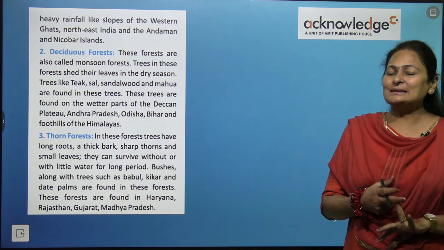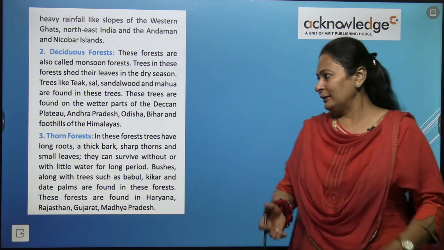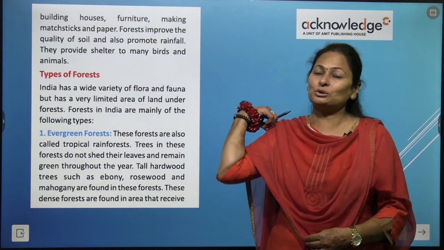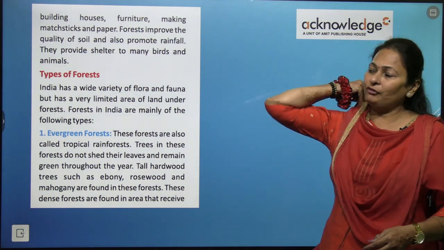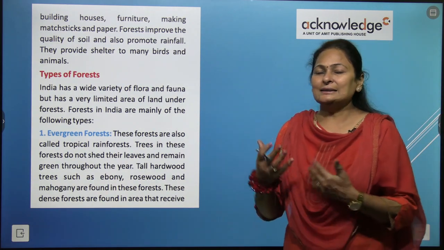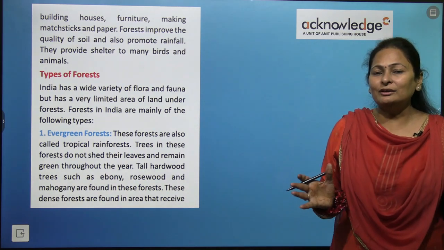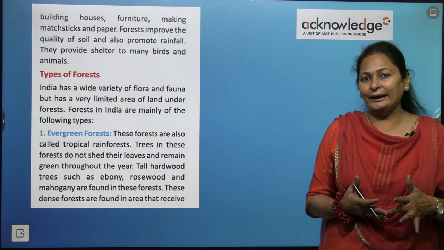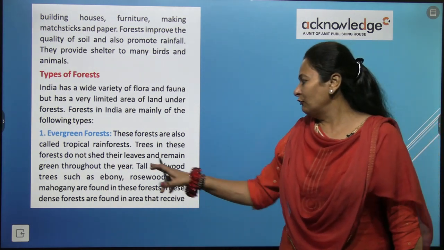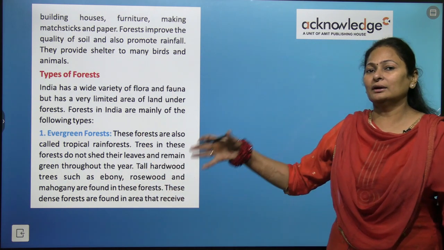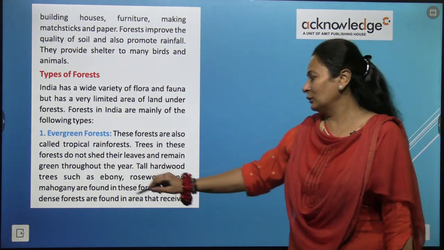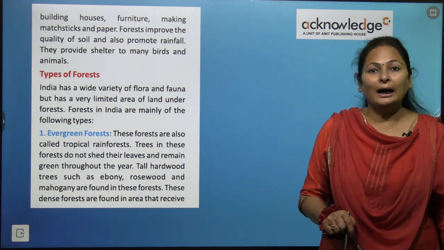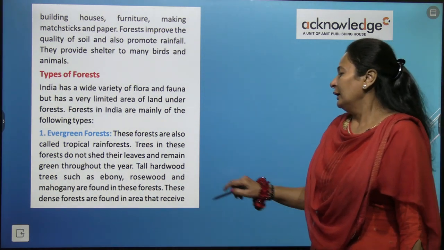Nicobar. Let's quickly revise this one more time: evergreen forests, we also call them tropical forests, right? Trees in these forests never shed their leaves throughout the year, right? Examples of the trees that grow there are ebony, rosewood and mahogany, right?